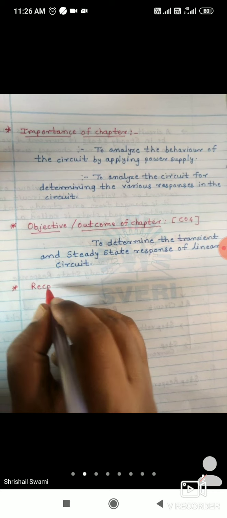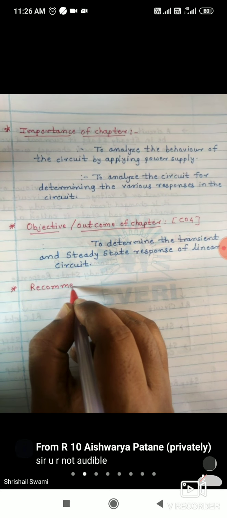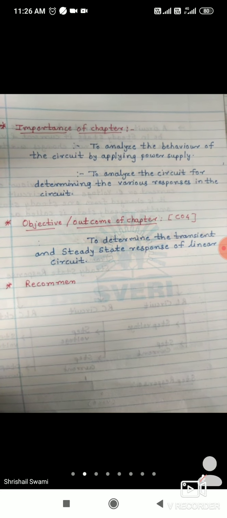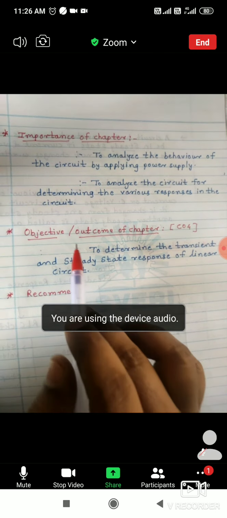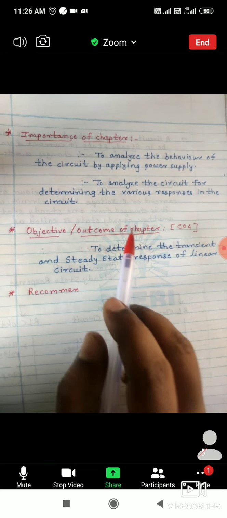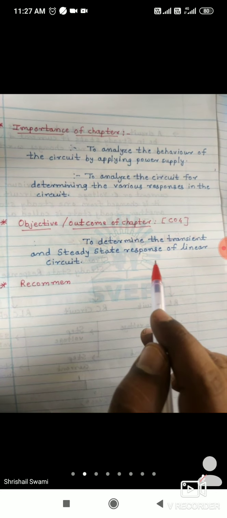Now next, which book can we use for this particular chapter? So this will be the outcome of the chapter, to determine the transient and steady state response of linear circuit. Why is it called a linear circuit?